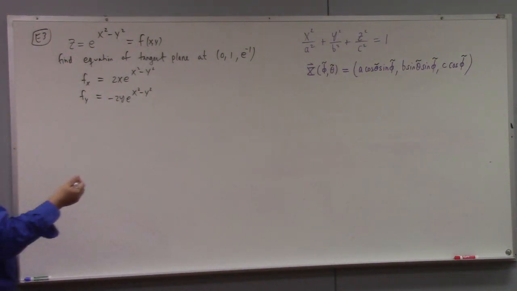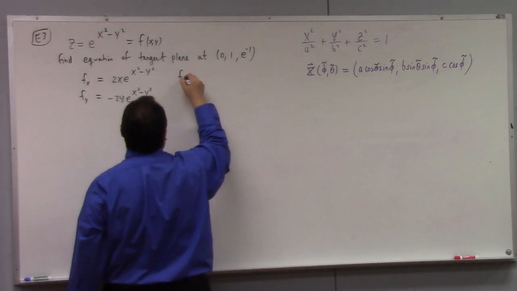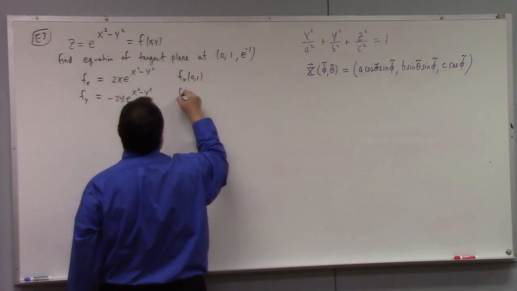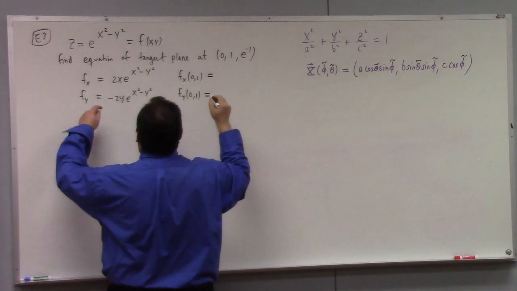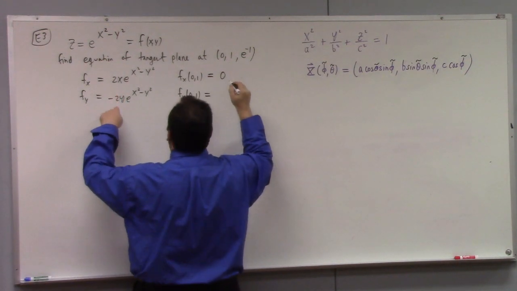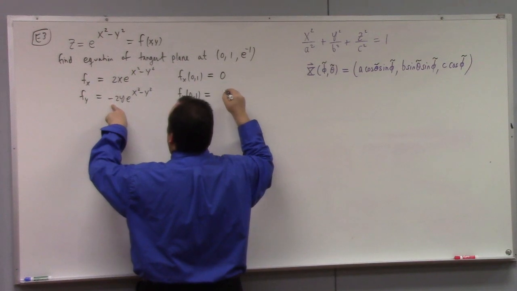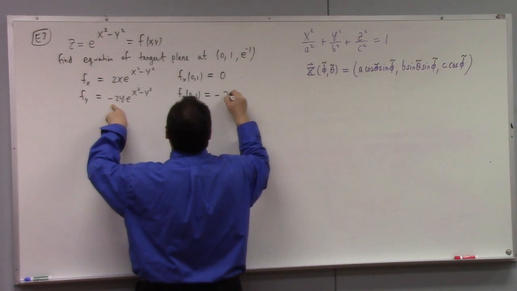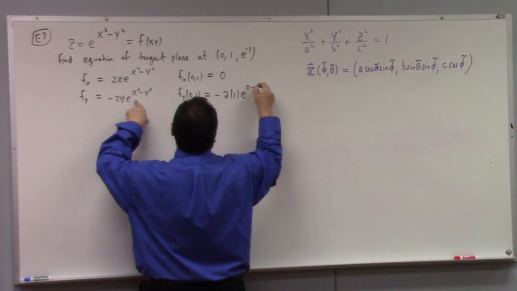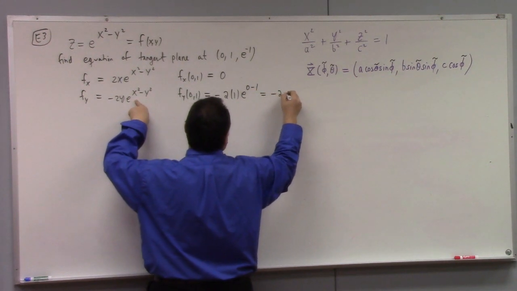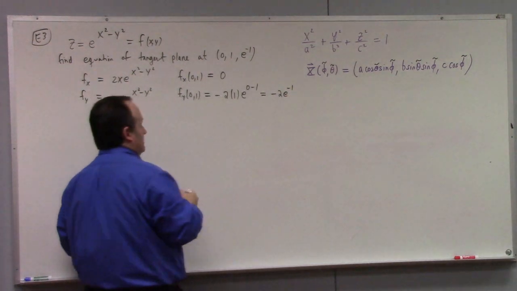Now we evaluate at the point. So what's fx of 0, 1? What's fy of 0, 1 equal to? Well, that's easy. 0, right? What's fy equal to? Apparently minus 2 times 1 times e to the 0 minus 1. So it's minus 2 e to the minus 1.